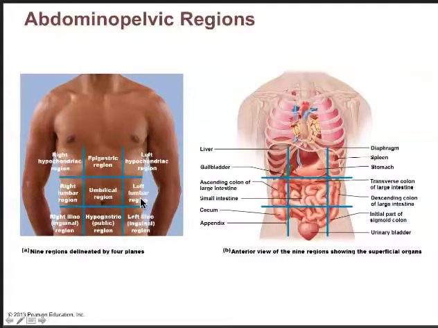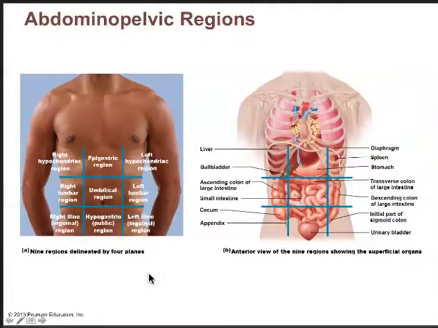Okay, this is where the lumbar spine is located. The hypogastric region, or pubic region, is so named because it is underneath the stomach, okay, below it. And then the right and left iliac regions are so named because of their proximity to a portion of the coxal bone known as the ilium. Okay, so that's where those names come from.